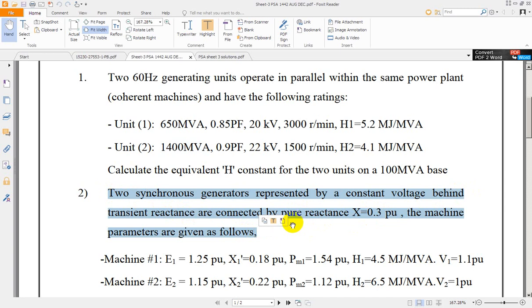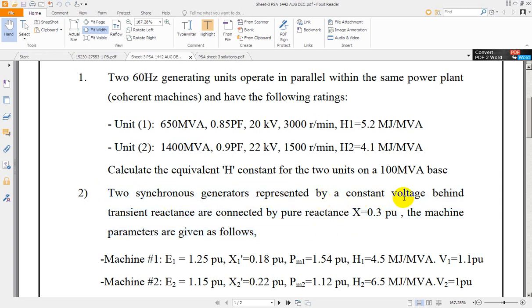One generator is on the left side and another on the right side, and in between, these two generators are connected by a 0.3 per unit reactance.